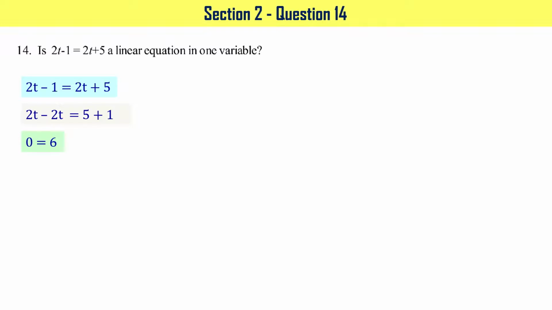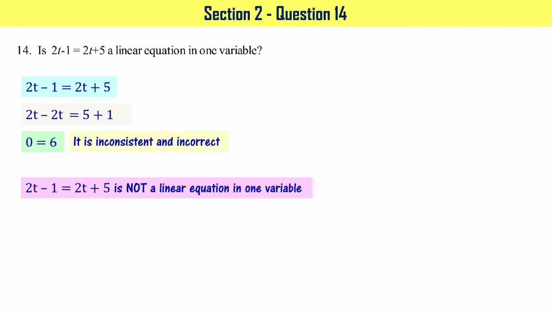This is inconsistent, right? 0 cannot be equal to 6. That's why the equation given is not a correct equation. It is an incorrect equation. Hence, we say that 2t minus 1 equal to 2t plus 5 is not a linear equation in one variable to answer. But if you have to say it is not even an equation, please note this. Now, 0 cannot be equal to 6.